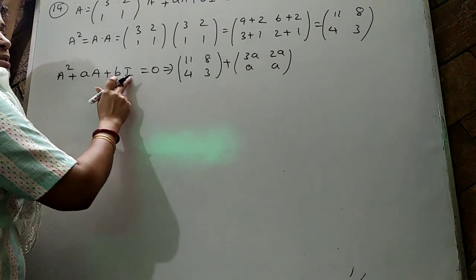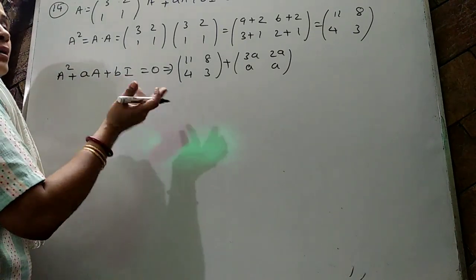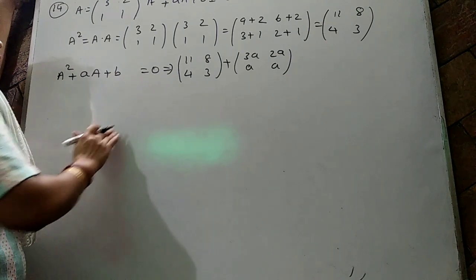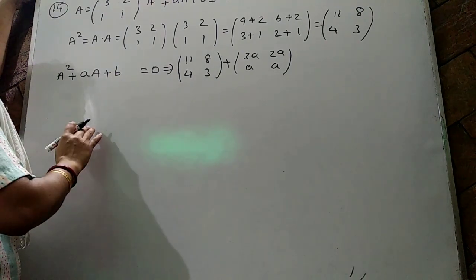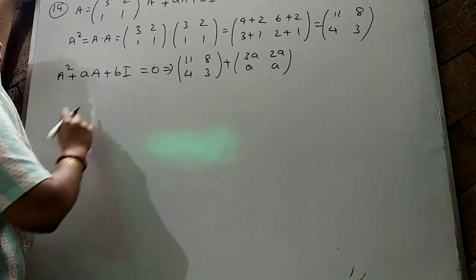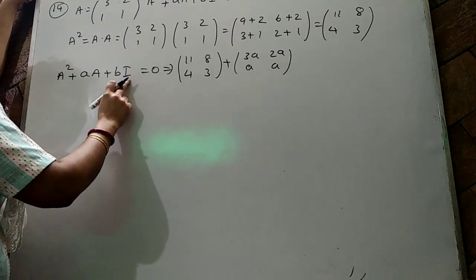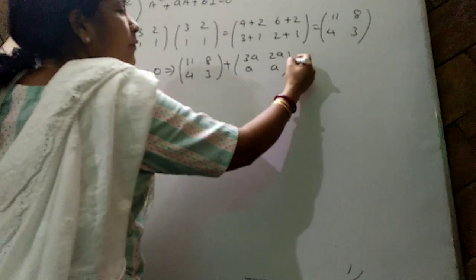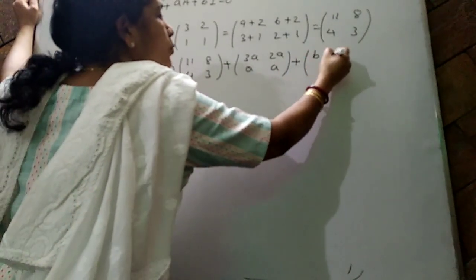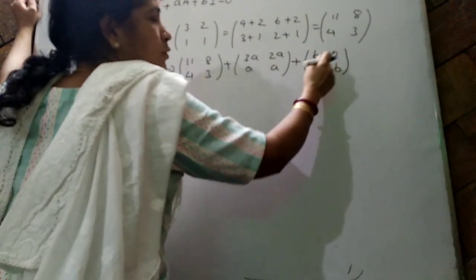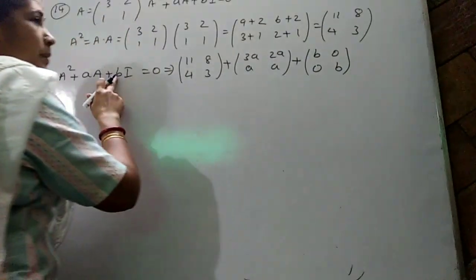It is understood, even if they don't say this is a 2 by 2 matrix. Even if they simply say B, it's understood that it is into the identity matrix, we have to write it down. That's why we go for a 2 by 2 matrix. So into B, if I do, that is B, 0, 0, B. That is 1, 0, 0, 1, I have multiplied by B here.